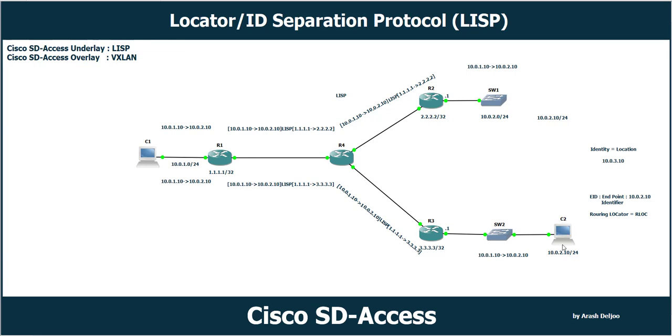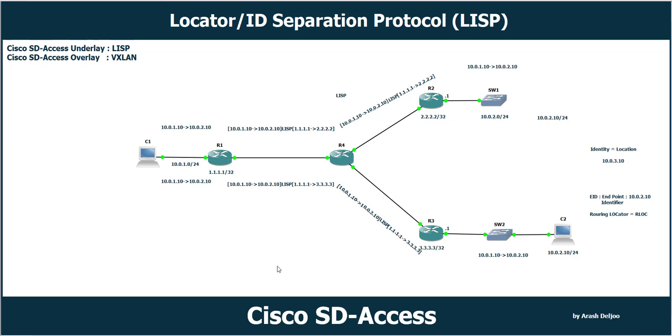When we have a computer in the network 10.0.2.10, for example here, the identity is 10.0.2.10, but the RLOC is quad 2. And when computer 2 is in this network, the identity is the same, and the RLOC is quad 3. Actually, we have two addressing spaces.